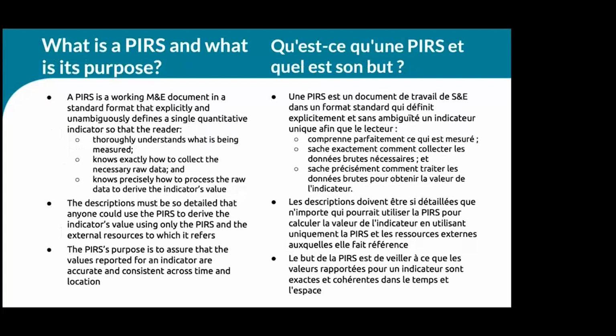So what is a PIRs specifically? It's a working monitoring and evaluation document that's provided in a standard format, and it explicitly defines a single quantitative indicator so that each reader understands what's being measured, exactly how to collect it, and the descriptions are detailed enough so that basically anyone can use the PIRs to be able to derive the indicator's value and to be able to design the data collection tool using only the PIRs.